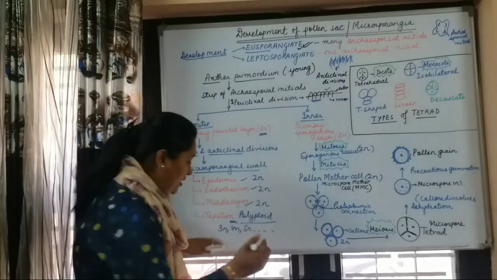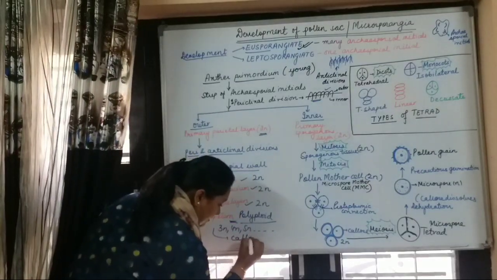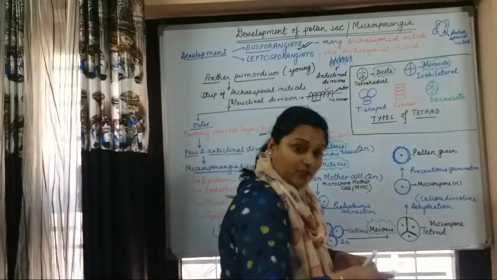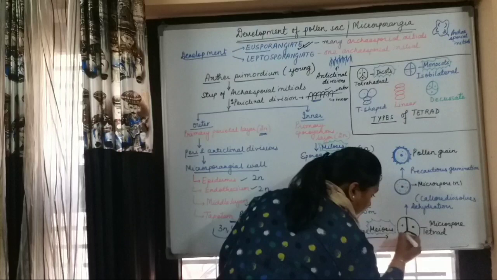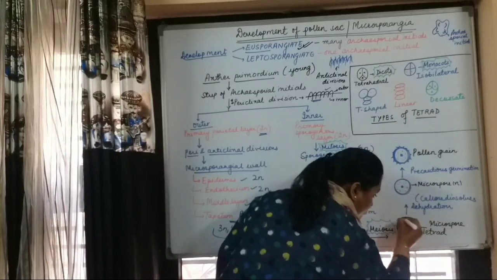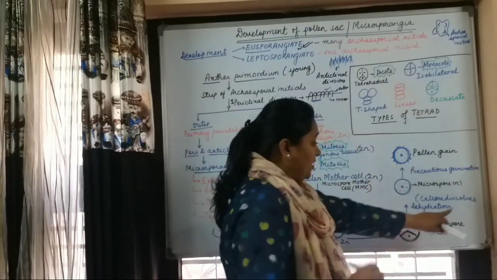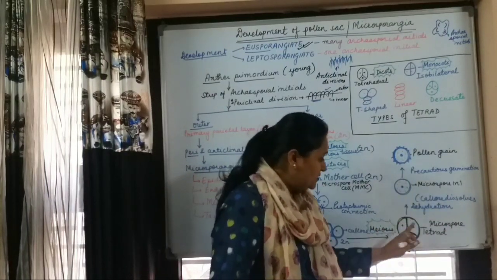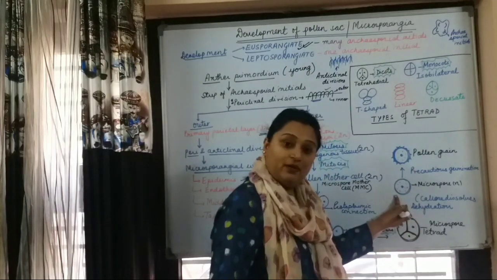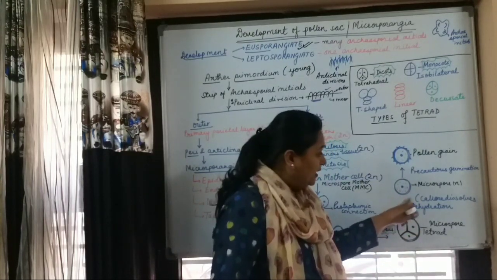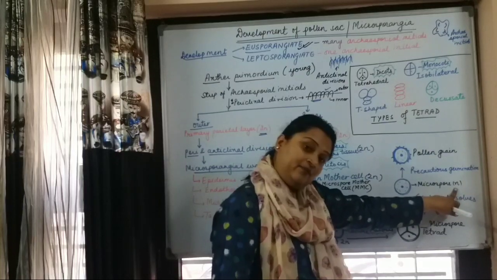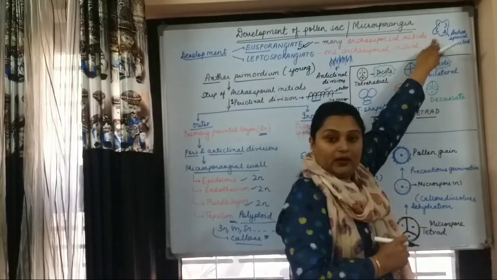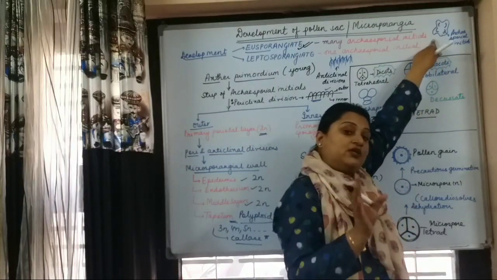One of its functions is that it produces callase enzyme to dissolve the callose deposition which surrounds the microspore tetrad. Immediately when the callose dissolves, they form single microspores, get detached, and we get a microspore that is N. This all is happening inside the anther only. The microspores are formed inside.